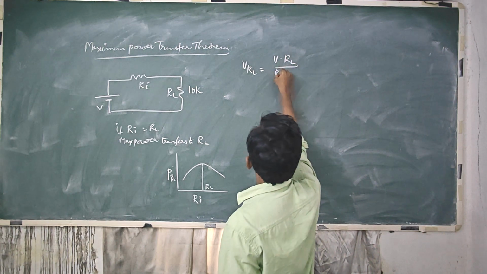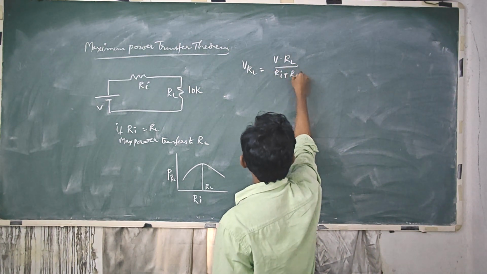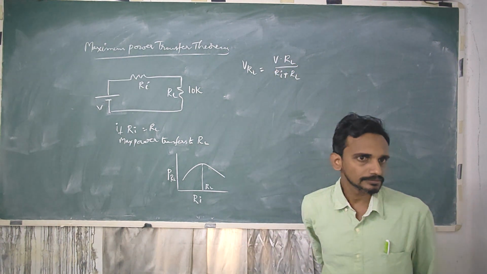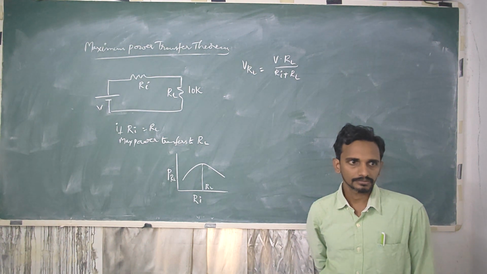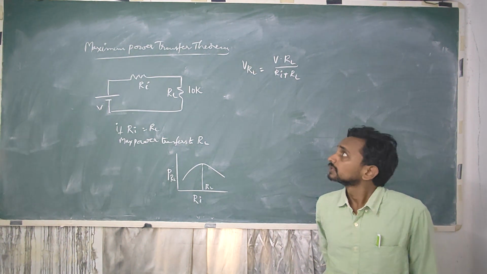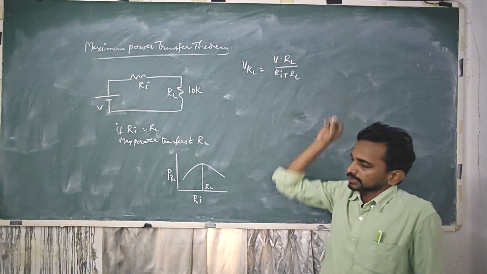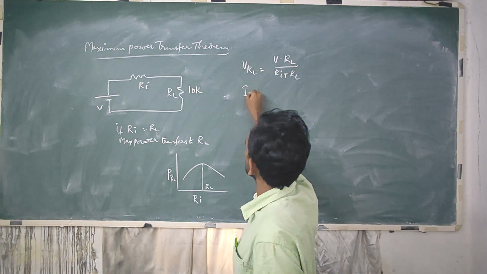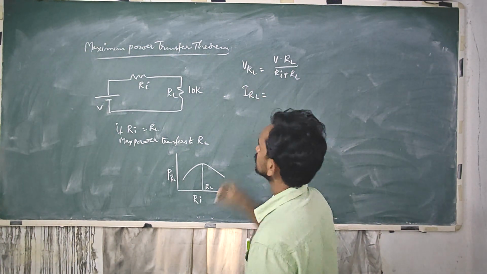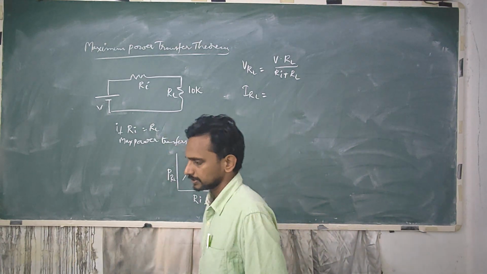VRL by Ri plus RL. This is the voltage drop across RL, and IRL, current through RL. So these two are in series.